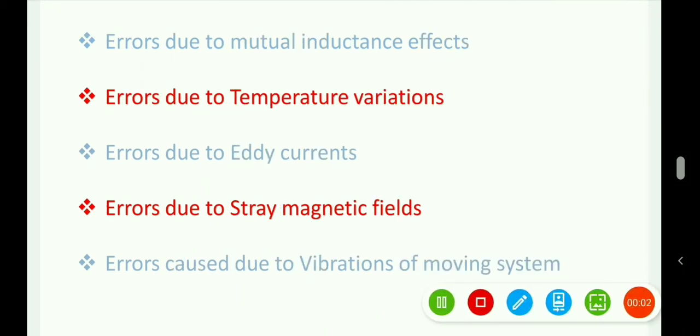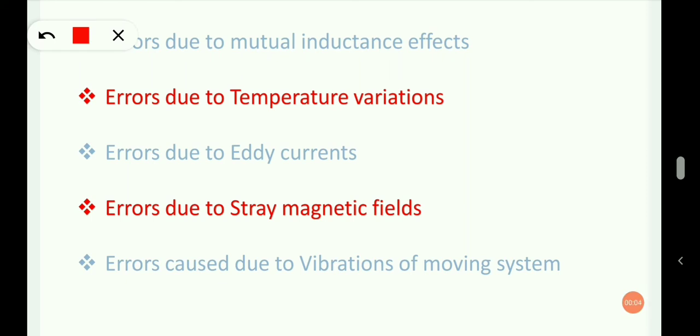Now, next error is error due to eddy currents. Eddy currents are induced by the alternating magnetic field of the current coil. These are induced in the thickness of conductors and solid metal parts.